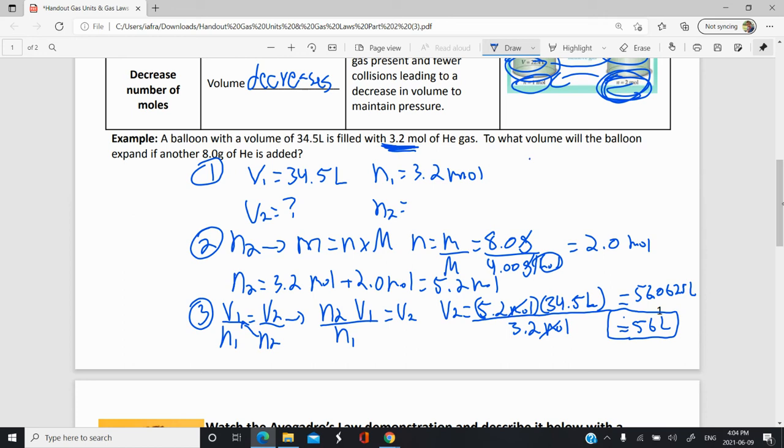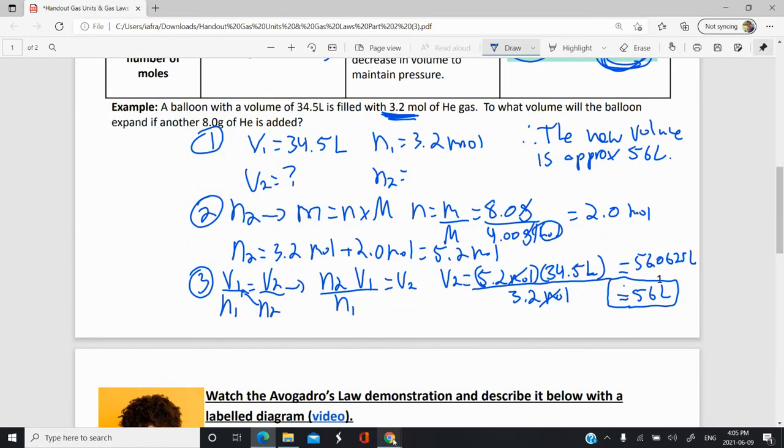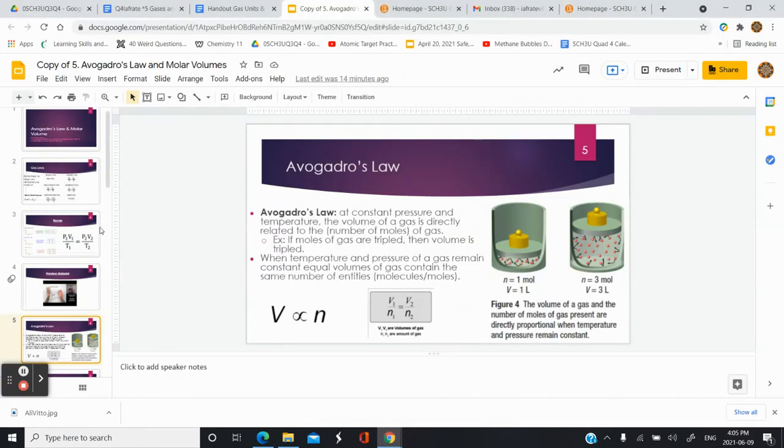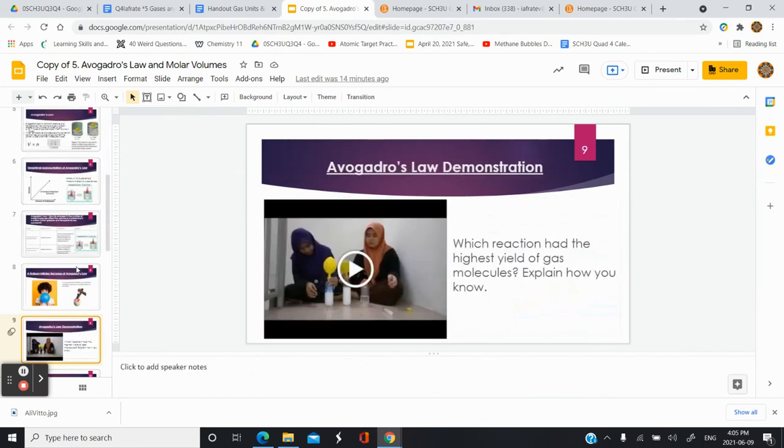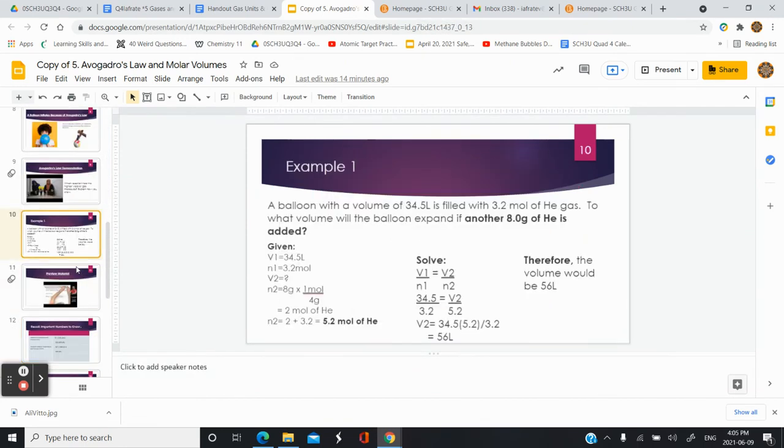So therefore the new volume is approximately 56 liters, which makes sense because we added more moles. And that's what we said, that assuming constant pressure and temperature, the more moles you have, the larger your volume should be. So let's go take a look to see if our answer is correct. So we can see if we're on the right track there. Here, about 56 liters is what we should end up with.